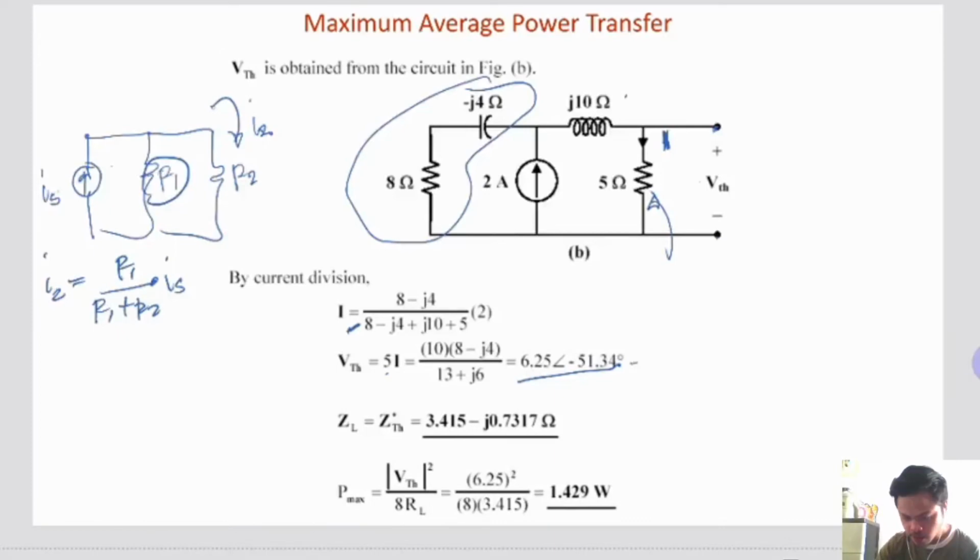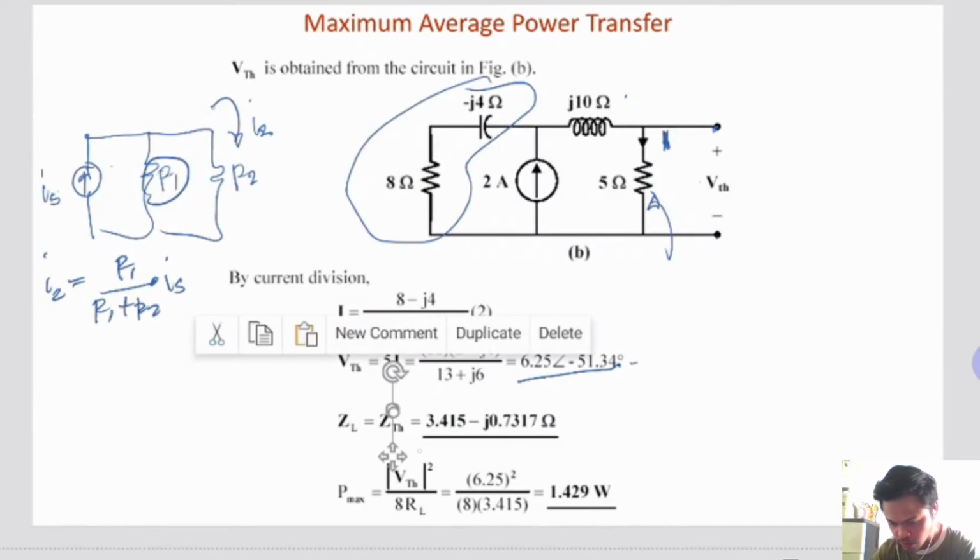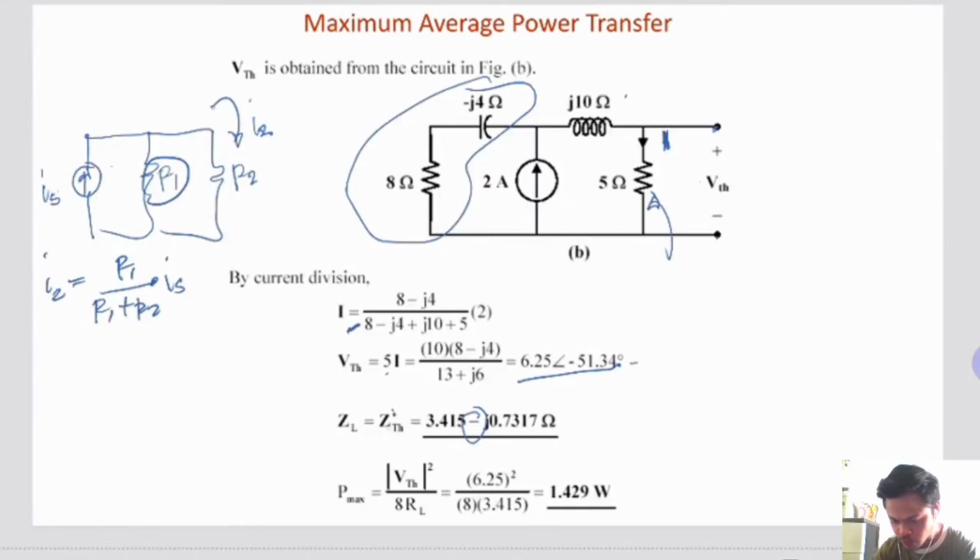To find the Z load, we take the complex conjugate, or change the sign of your ZTH. From positive, it will become negative. So we have now the impedance of your load.